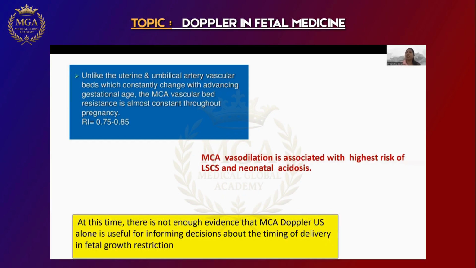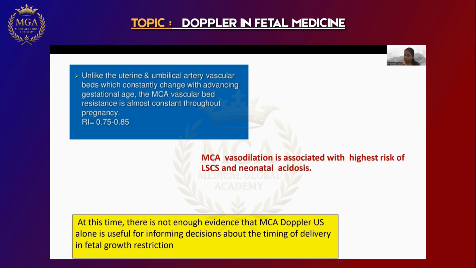But in late onset FGR, where the brain is not ready to accept low oxygen, if there is a decrease in the PI of MCA, the baby is going to have a worse prognosis. Again, I'm repeating. In early onset FGR, a low PI of MCA can be a normal thing because the baby is trying to compensate.